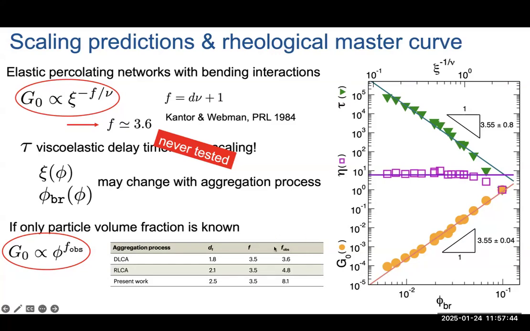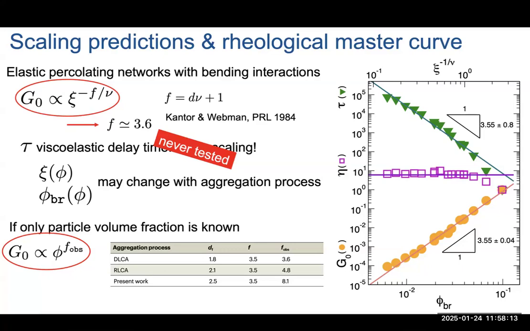And then I would get an apparent exponent of how the modulus depends on the volume fraction that can vary enormously, right? And this is very much consistent with what is seen in experiment on colloidal systems, where in certain cases you see exponents that are already very close to this 3.5 that is predicted by this percolation theory. In other cases, they're very far from that and much larger.